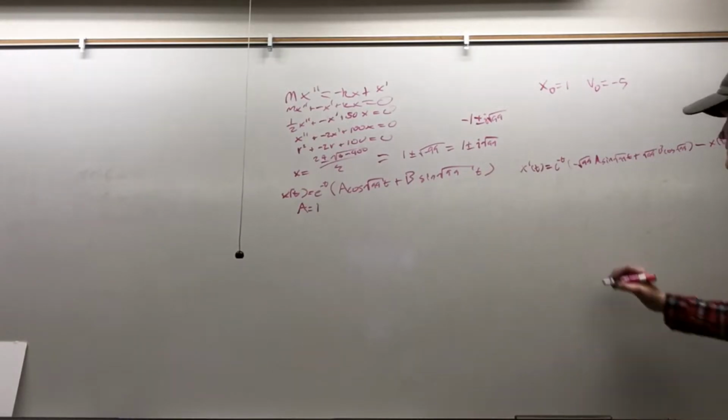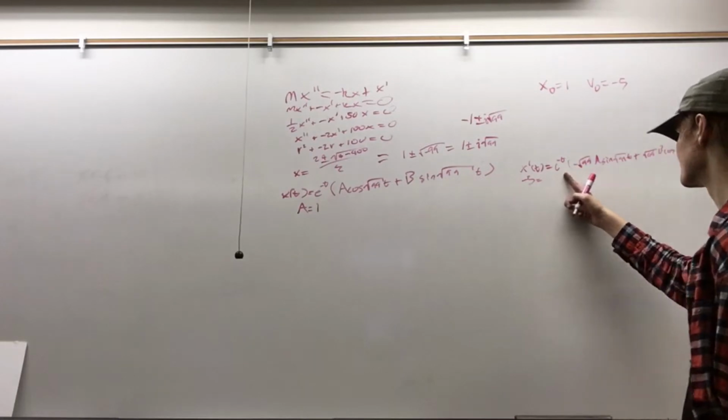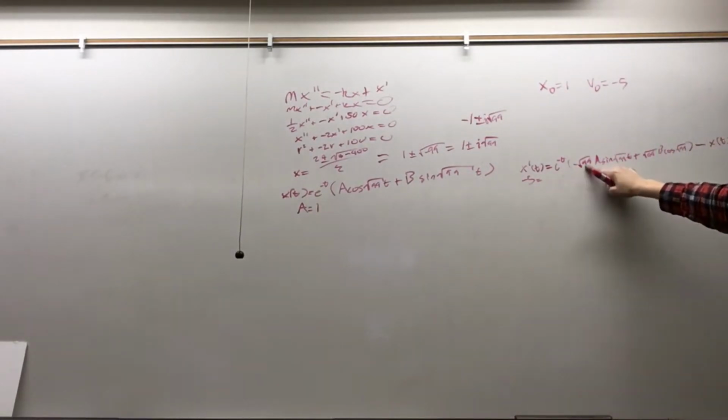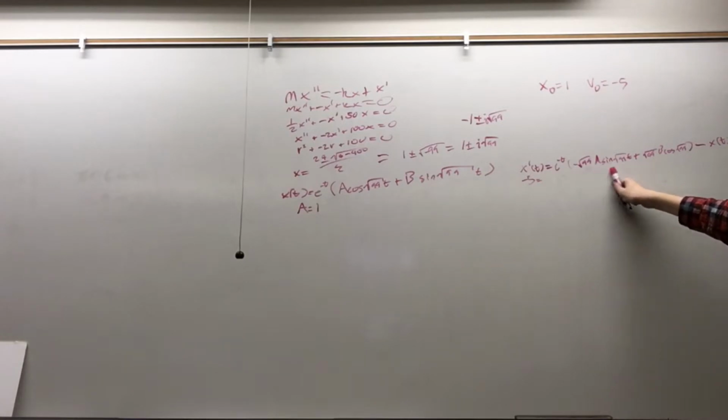So negative 5 equals e to the 0, so 1. Negative square root of 99 times a times sine of square root of 99t, that's sine of 0, so that's irrelevant.